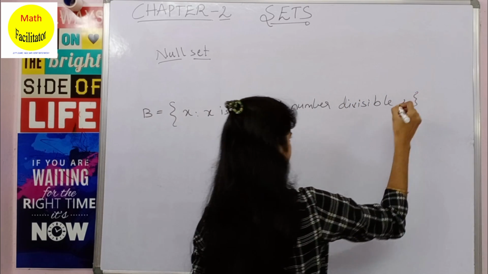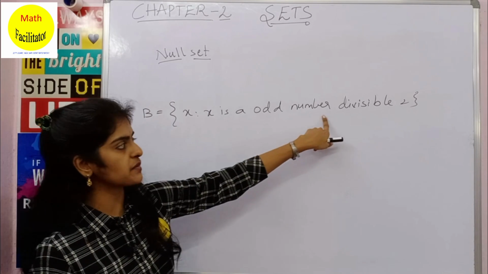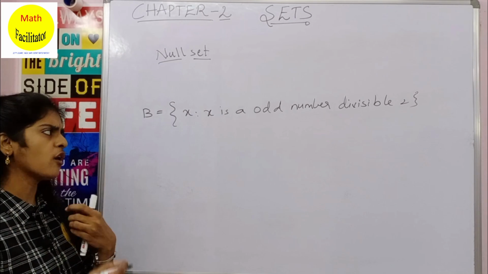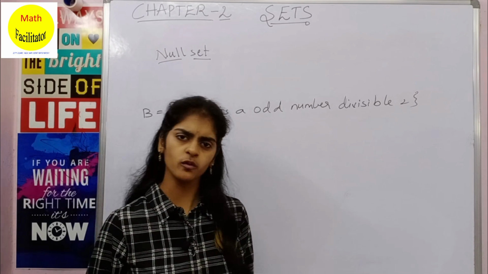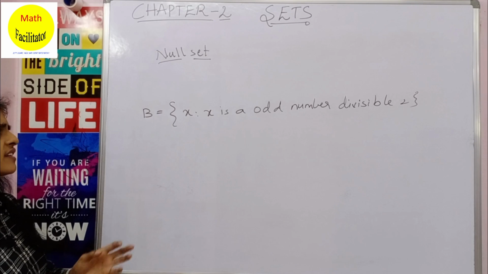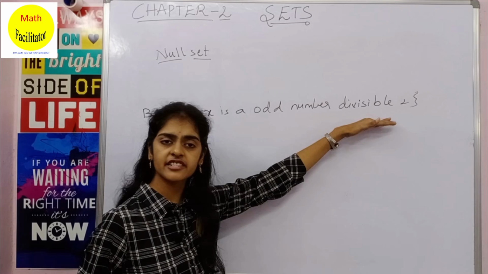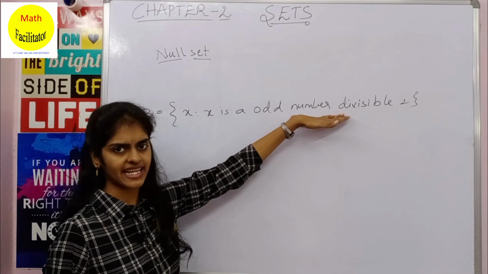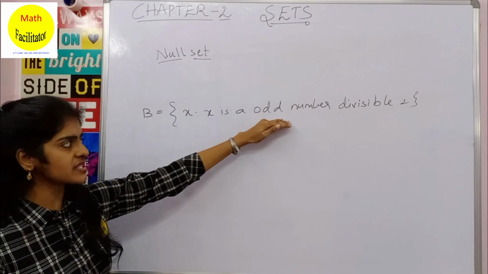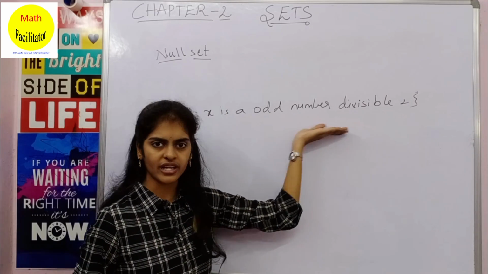So X should be an element of the set where X is an odd number and it should be divisible by 2. Now, are odd numbers divisible by 2? No. Only even numbers are divisible by 2. So you cannot write any element such that it is an odd number and it is divisible by 2, because odd numbers are not divisible by 2. Clear? So there are no elements to write here.